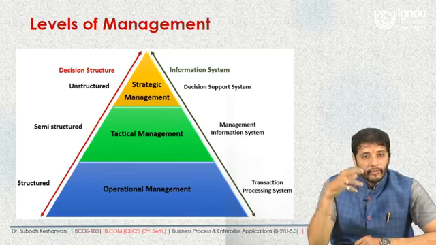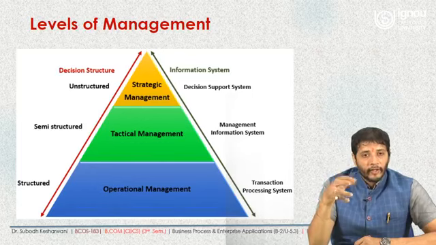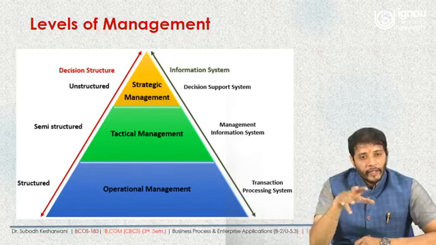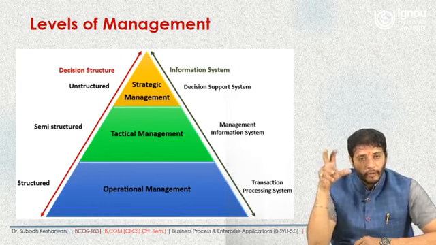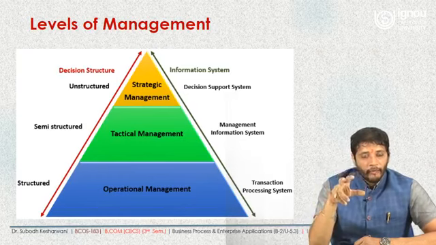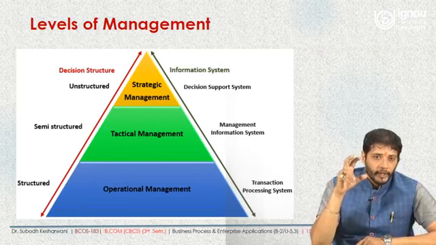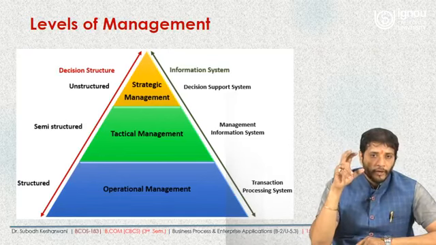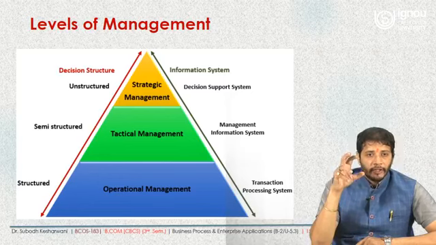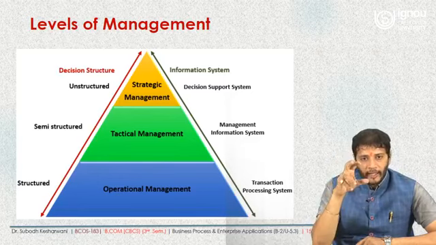They have no role in decision making or tactical decisions, they are just concentrating on their work. They could be engineers, they could be floor managers. So for them, software was started. The first software was called the transaction processing system, which concentrates on these operational management issues.